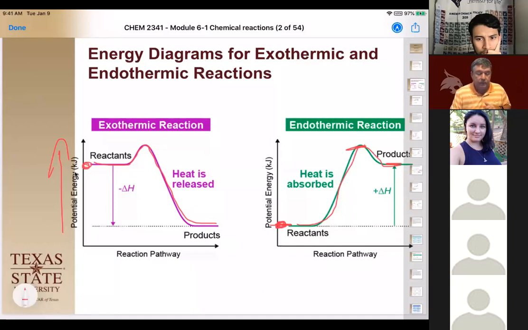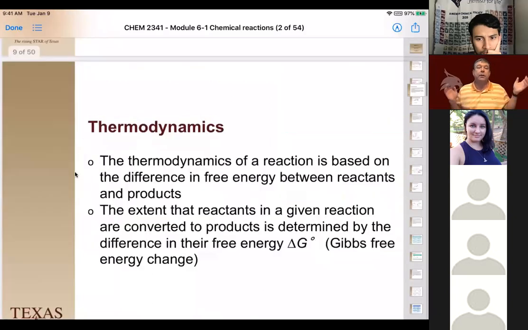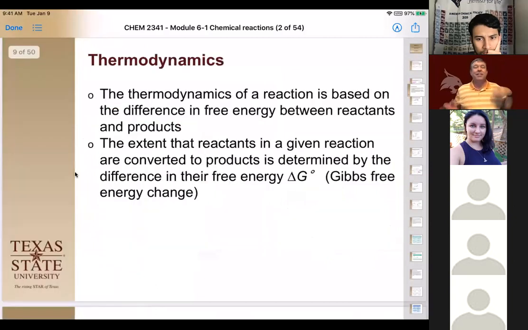All right, so let's talk about the dirty word, thermodynamics. The whole concept of thermodynamics is that you want to look at what's happening in the system. To tell whether a reaction is going to go or not, or how much heat you need to put into a reaction, you need to understand the difference between the energy of the reactants and the products.